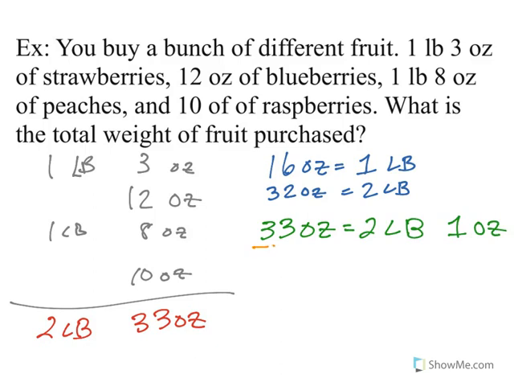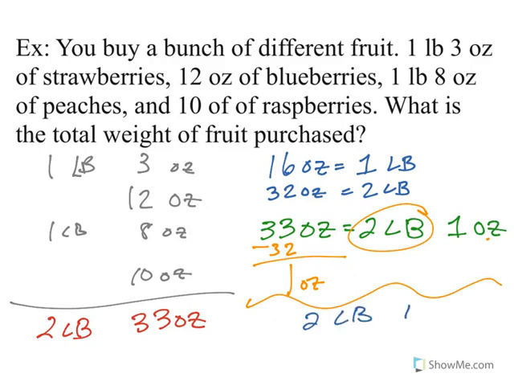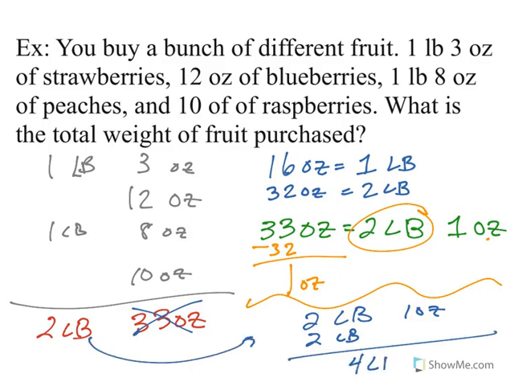Because if I would subtract 32, that gives me 1 left over. So 32 ounces is 2 pounds plus 1 left over. Okay, so that means I have 2 pounds, 1 ounce from this part plus the 2 pounds from here. So really the total is 4 pounds, 1 ounce.